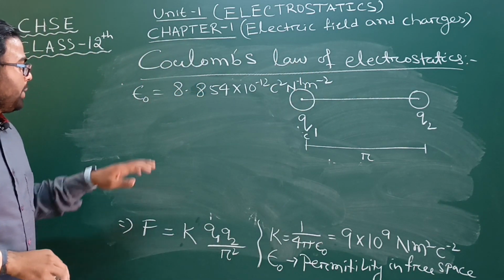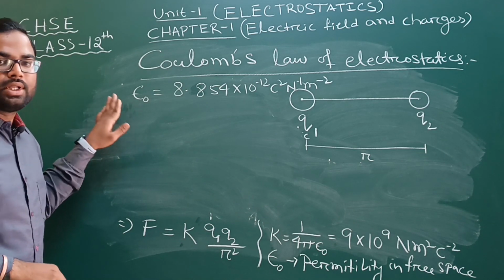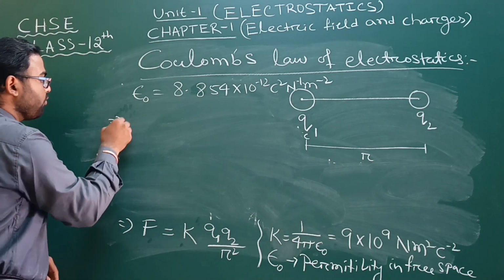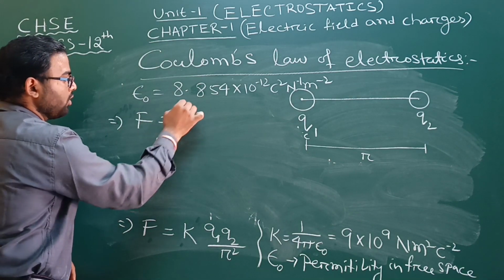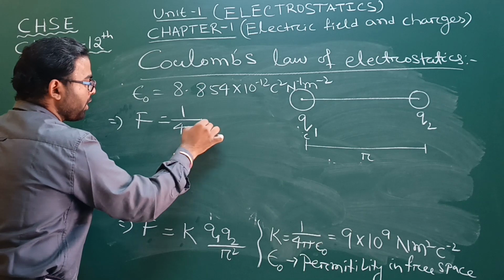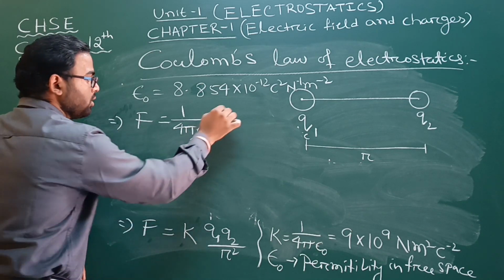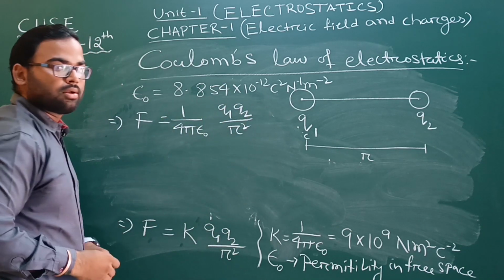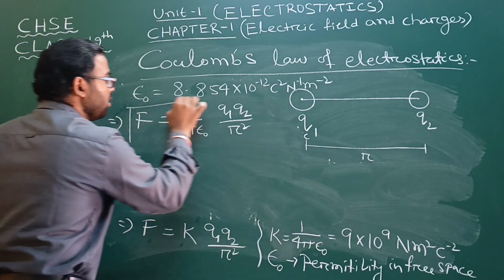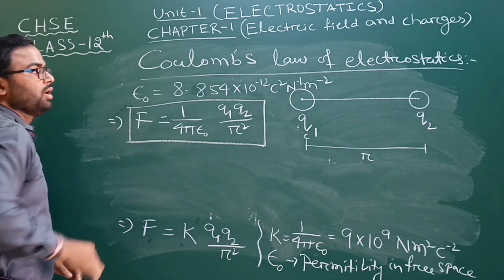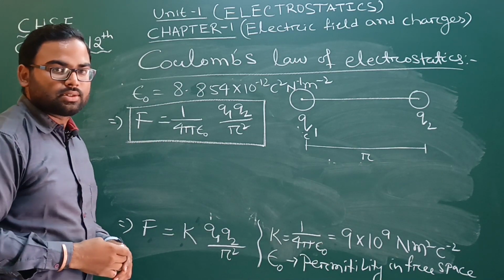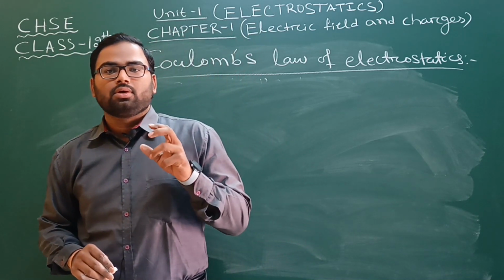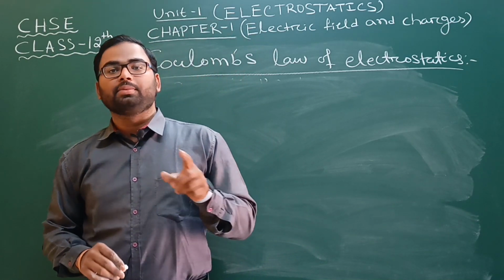If I rewrite this, the formula will be F is equal to 1 by 4 pi epsilon naught q1 q2 by r square, and this is called Coulomb's law in electrostatics.